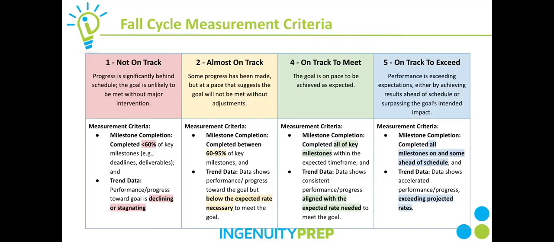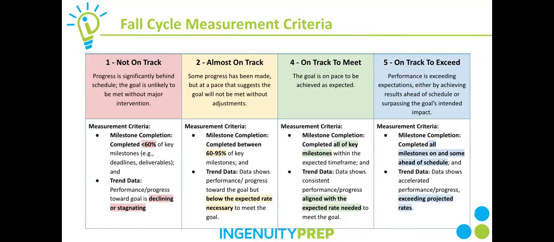We have defined explicit measurement criteria to support objectivity and consistent measurement of goals across staff. Goals are scored based on 4 levels: not on track, almost on track to meet, and on track to exceed. As was noted on the last slide, scoring is determined by looking at 2 things: milestone completion and any available trend data.